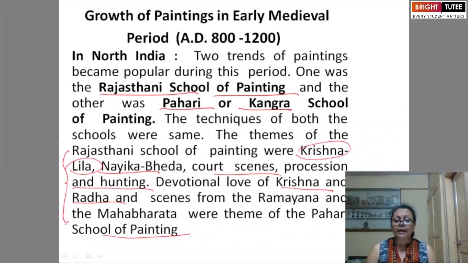The Kangra or Pahari school's paintings were based on the devotional love of Krishna and Radha and scenes from Ramayana and Mahabharata. So this is the main difference between the Rajasthani and the Pahari or Kangra school of painting.